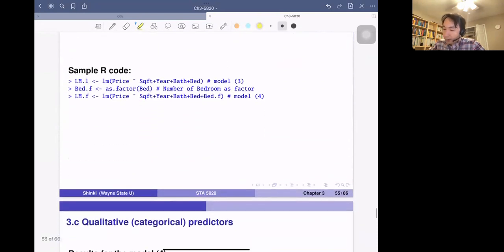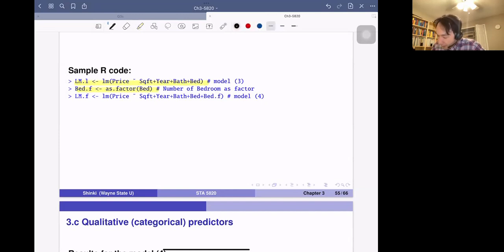And how to fit this? The first model, the linear model, is simple. Within the lm function we put price on the other variables: square, year, bathroom, and bedrooms. And to add factor variables we put as.factor(bed).